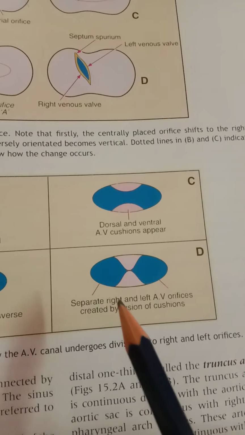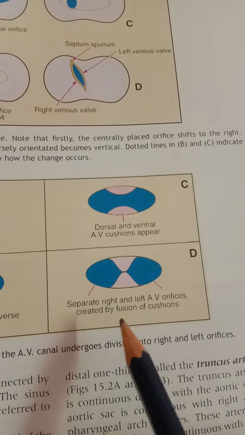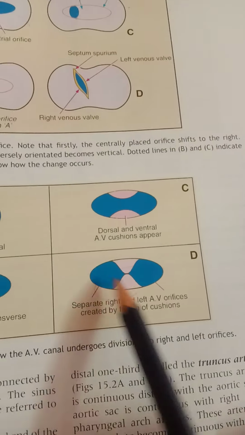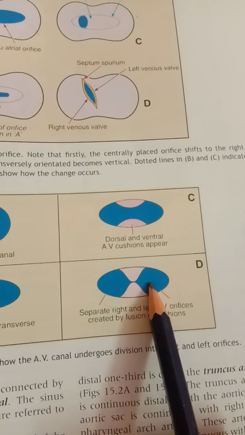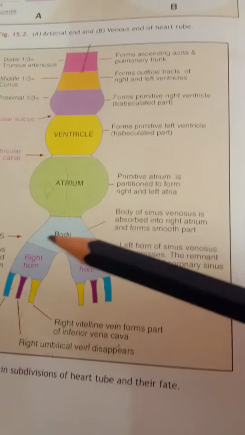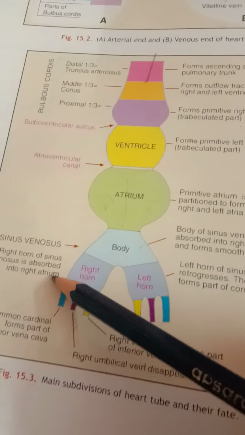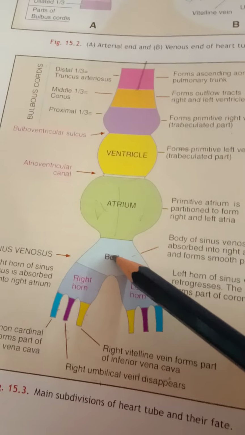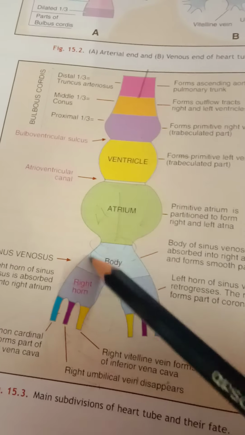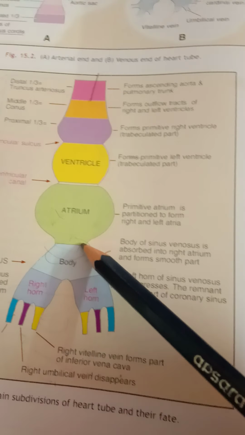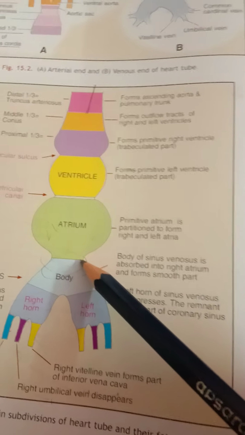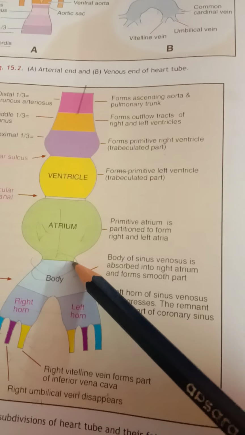So here you can see separate right and left AV orifices separated by the cushions. Later they fuse together to form the septum intermedium. The septum intermedium is formed between the atrium and the ventricle, at the site where the cushions create the separate right and left AV orifices.